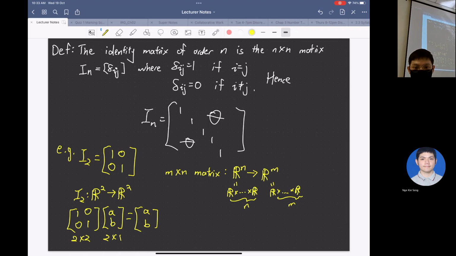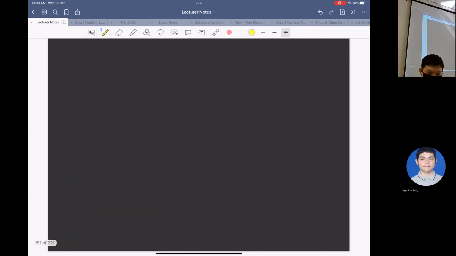Let me come back. Similarly, a matrix can be invertible. So when is it invertible?